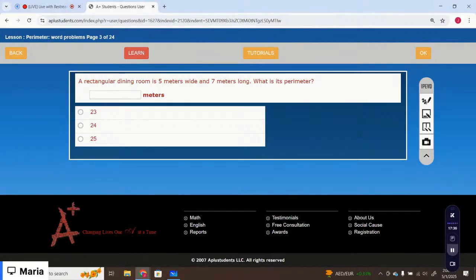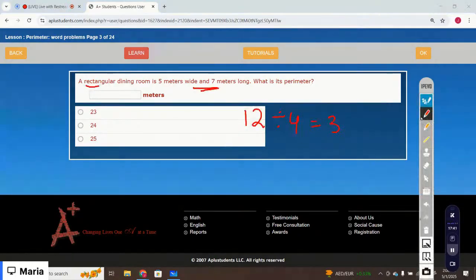A rectangular dining room is 5 meters wide and 7 meters long. What is its perimeter? That is a rectangular shape. So in a rectangle, opposite sides are equal in measurement. If that is 7 meters, that is also 7. This is 5 meters, so this is also 5. So perimeter is the sum of the measurements of all the sides.